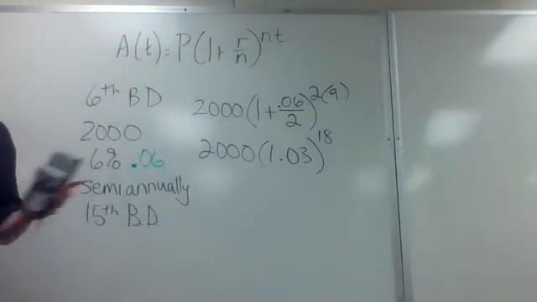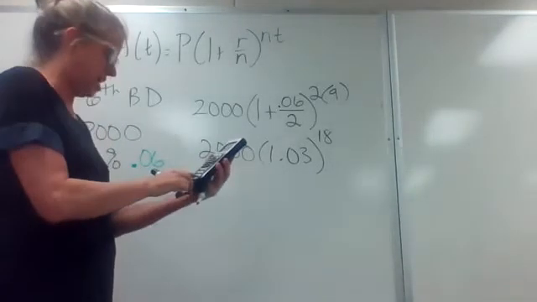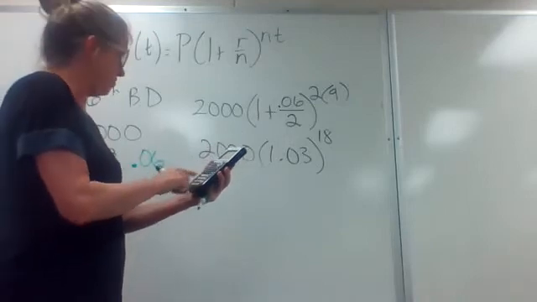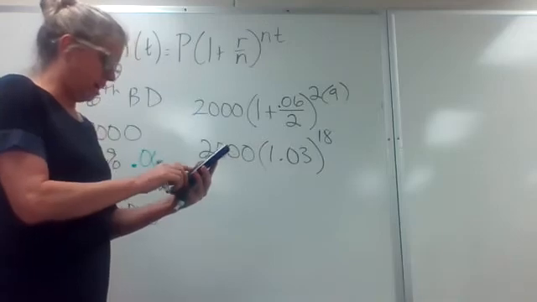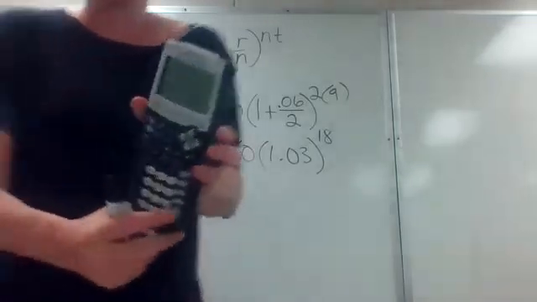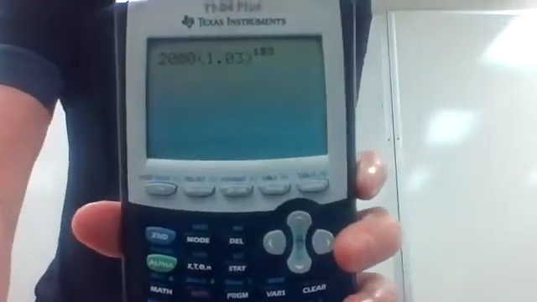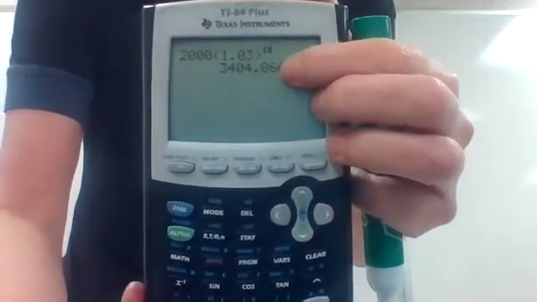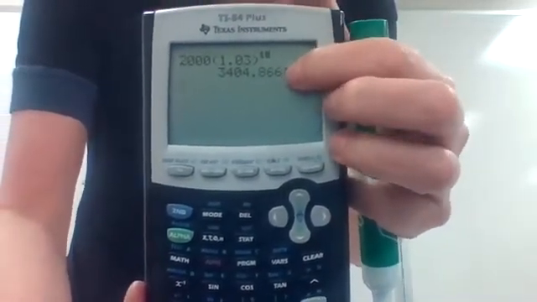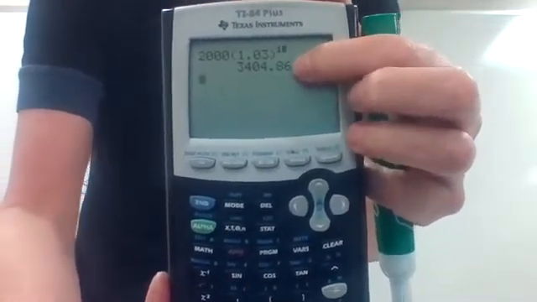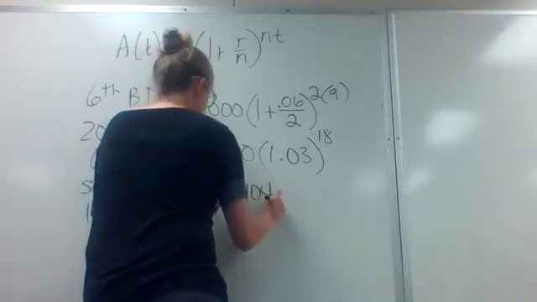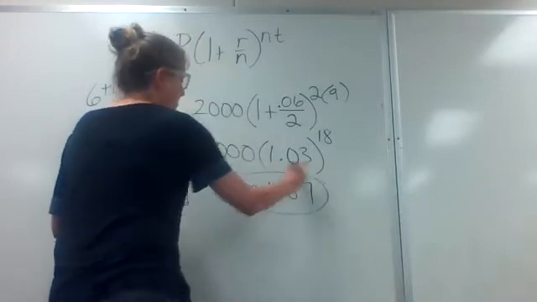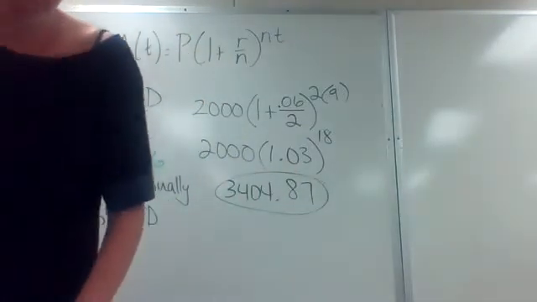This one wants you to round it to the nearest cent. So 2000 open, 1.03 close to the 18th power, rounding to the nearest cent. After that 86 is another 6. So you're going to round this to 87 cents. So $3,404.87.